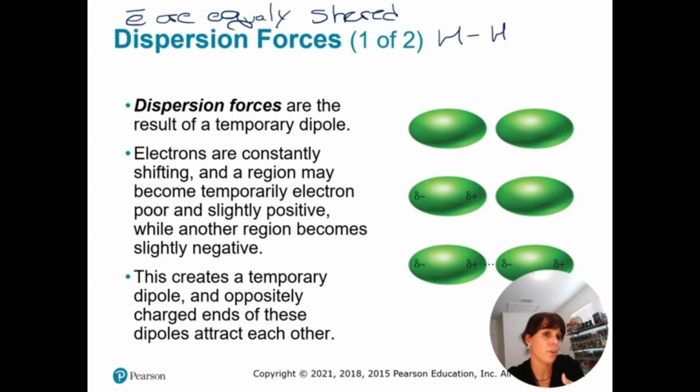If you have a hydrogen molecule, this hydrogen and this hydrogen have the same electronegativity. This hydrogen will not attract more than the other, so the electrons are equally shared and will not be more on one hydrogen than the other, because they have the same force.